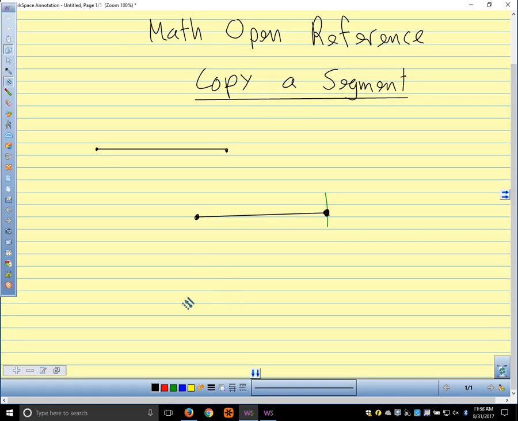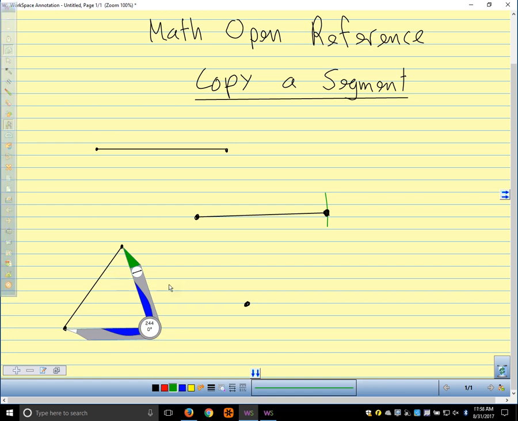So let me do that one again. You can start with any segment. There's the segment that I want to copy. I'm going to draw a point. That's the end point of my new segment. Now my compass. Put one point of the compass on one end point of the segment, the other point on the other end point. I'll change the color this time. Without changing the setting, bring the sharp point over to where you want your new end point. Whoops, I moved it.